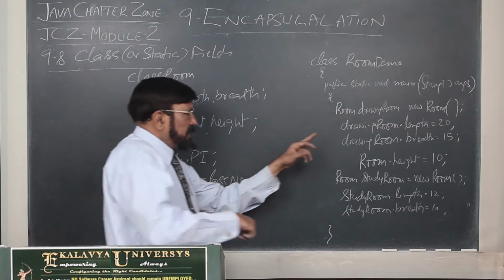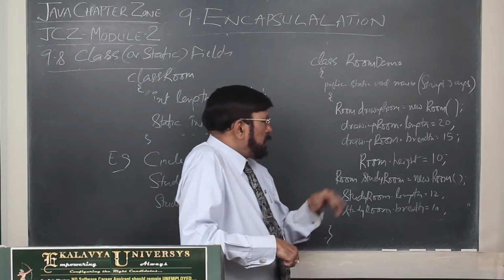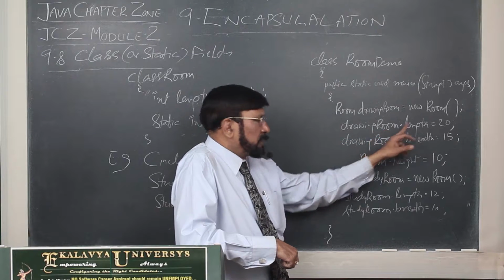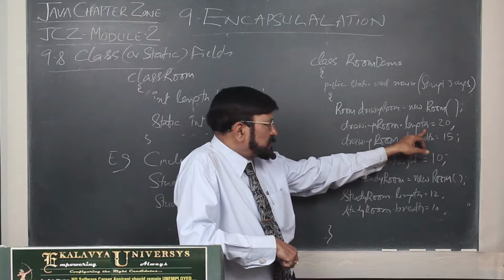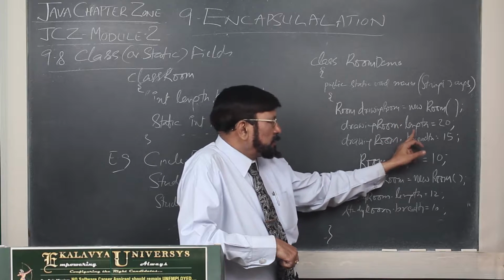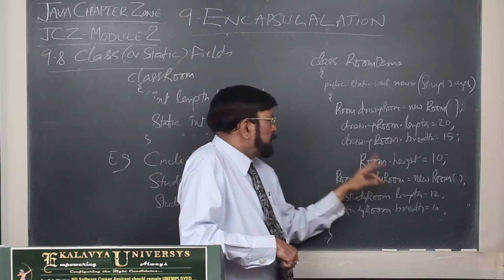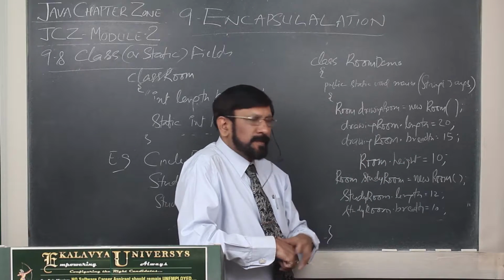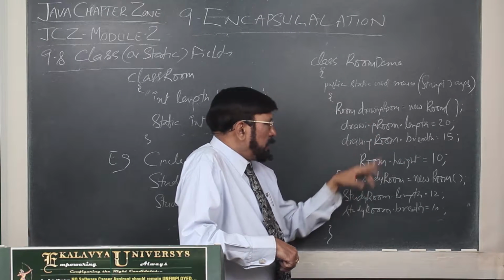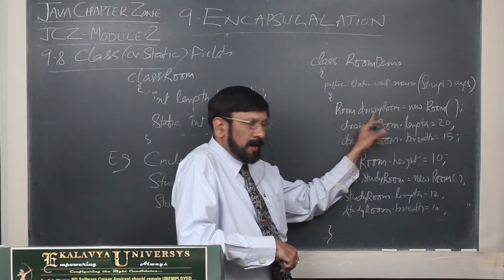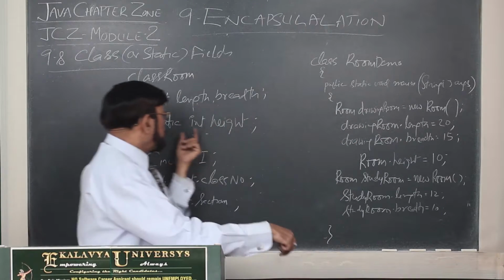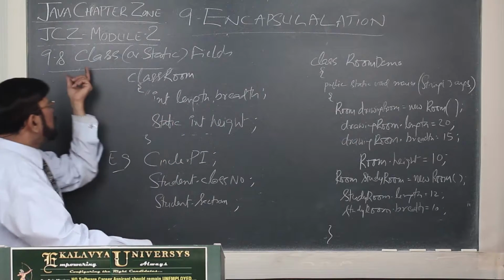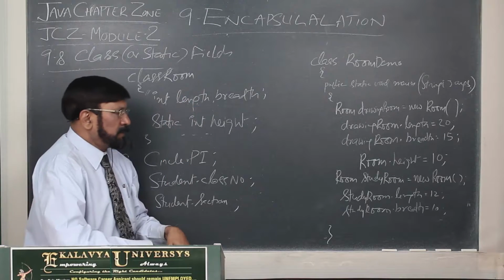Now you see, let us take the drawing room. Drawing room dot length, as it is an instance variable. Drawing room dot length 20 you have given. Drawing room dot breadth 15 you have given. Via instance, via object. But as far as height is concerned, this is class type. Only one copy is created.